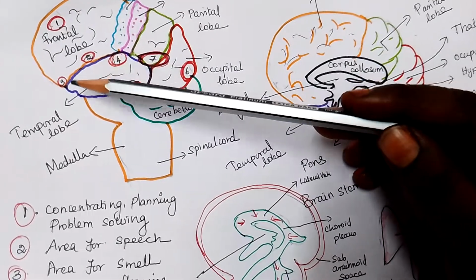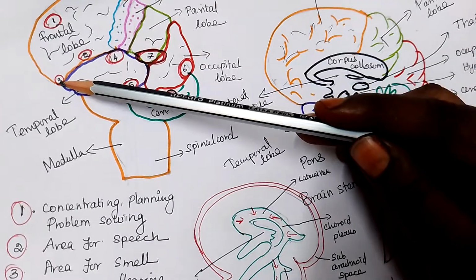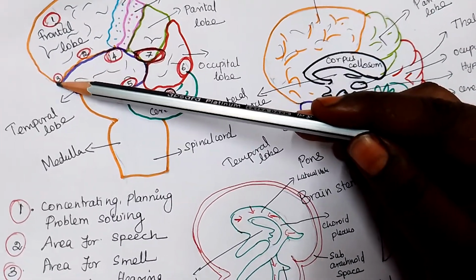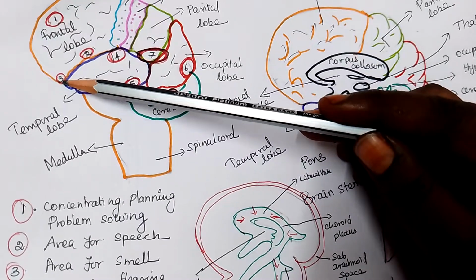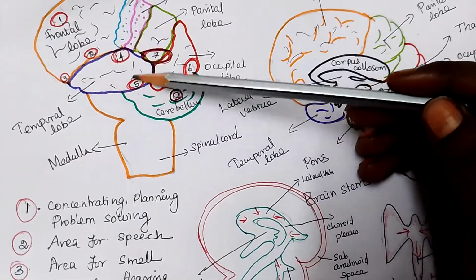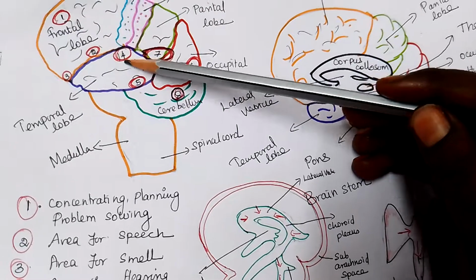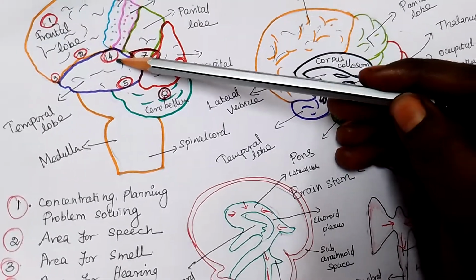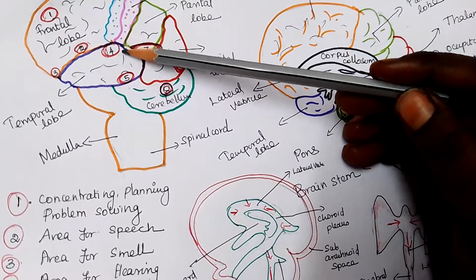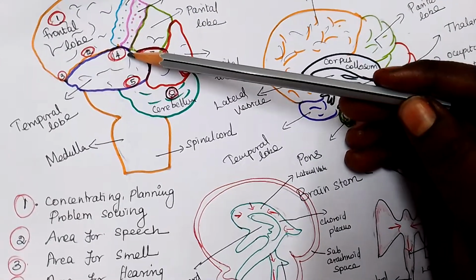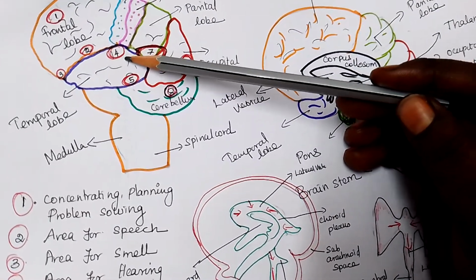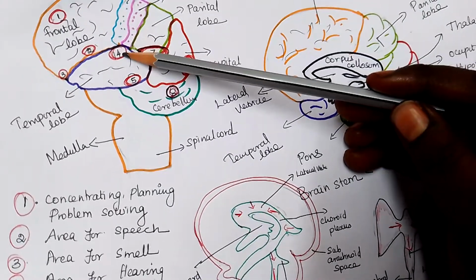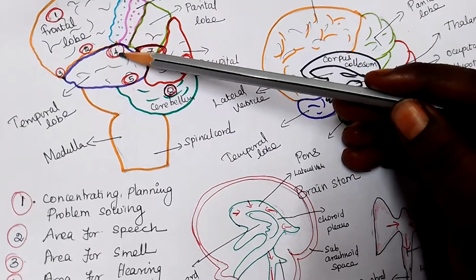Then this third one, in the front between the temporal lobe and this area, is the area for smell. Then in the temporal lobe, there is an area mainly called the area for hearing. Everything in the ear may be working and the cochlea functioning, action potentials coming, but when something happens to this area, your hearing will be affected.